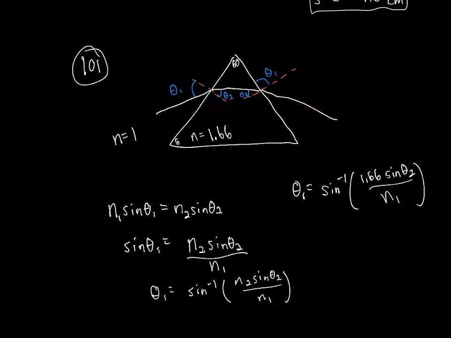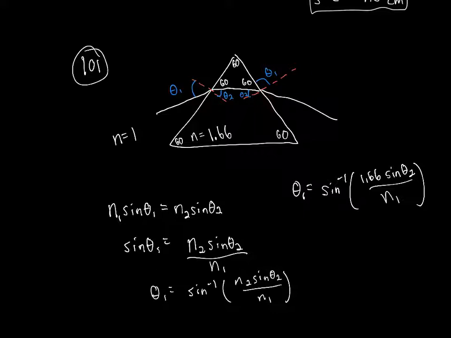They told us actually that all these angles are 60 degrees. So if all 3 of those angles are 60 degrees, what are these 2 angles? Those are also 60 degrees, right? Similar triangles. So those are both 60 degrees. Wonderful. Is that the angle I want? Just plug in 60 degrees? Nope, that'd be too easy.